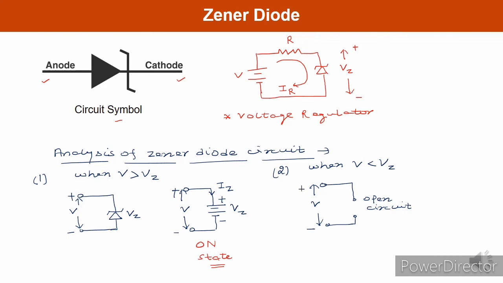And in this particular condition, it behaves as off state. So you must remember this. When the applied voltage is greater than Vz, it behaves as an on state, but when V is less than Vz, it behaves as an off state.